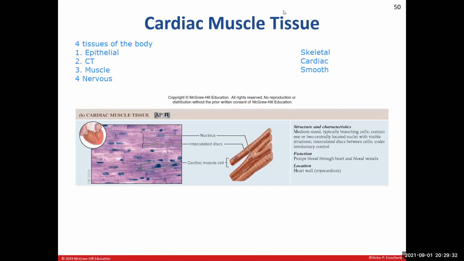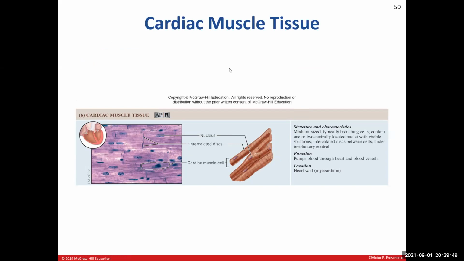The second type is cardiac. Cardiac muscle tissue will not be long and cylindrical. In fact, cardiac muscle tissue branches.